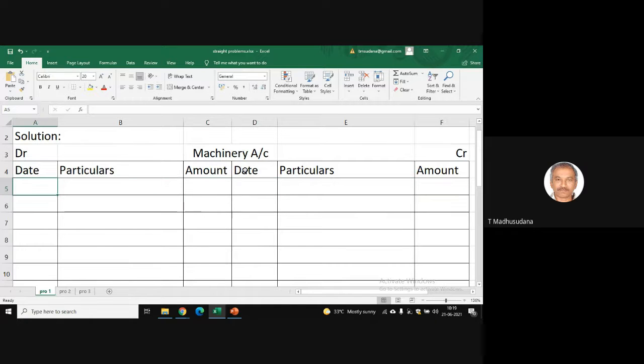So this is the account pro forma. The account is machinery account. Here the name of the asset is machinery.